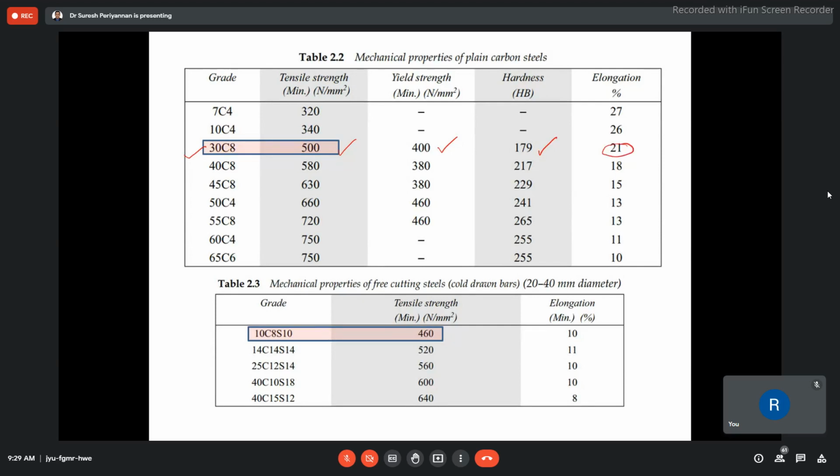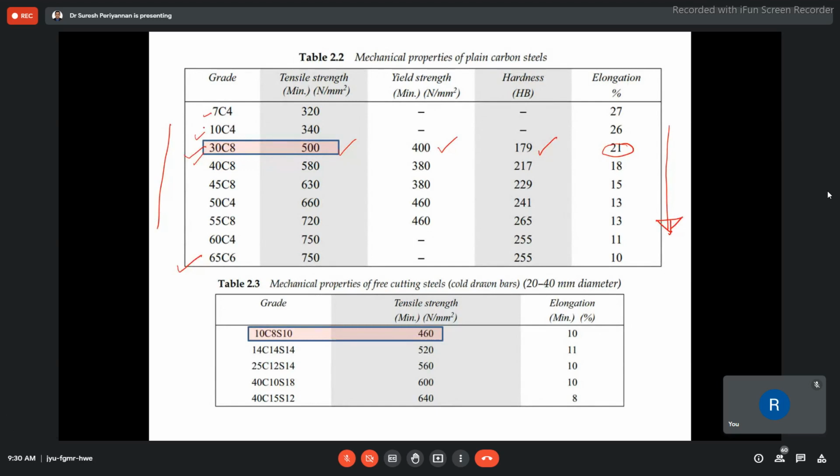See one more thing here, when we are adding carbon, I mean 0.07%, 0.1%, 0.3%, 0.65%, what will happen? The elongation is getting reduced when you add more carbon content, because the material behaves more brittle, right?